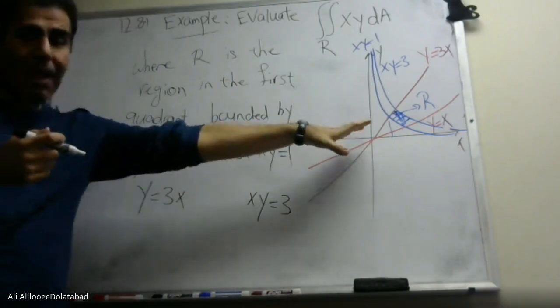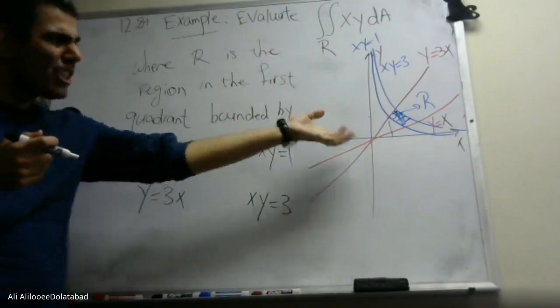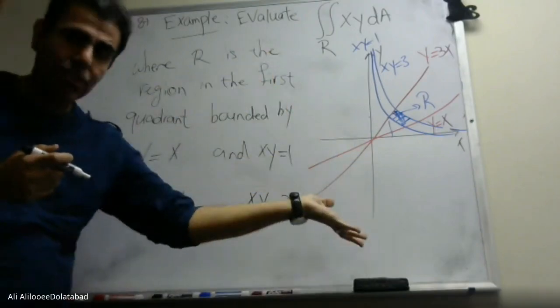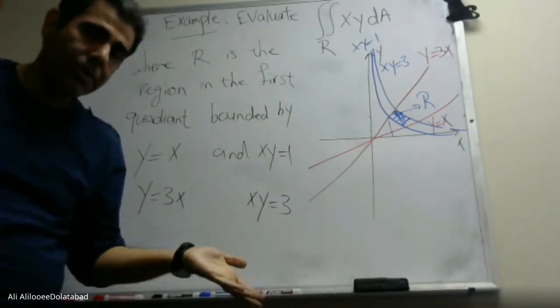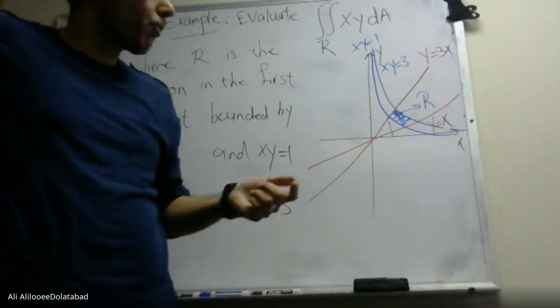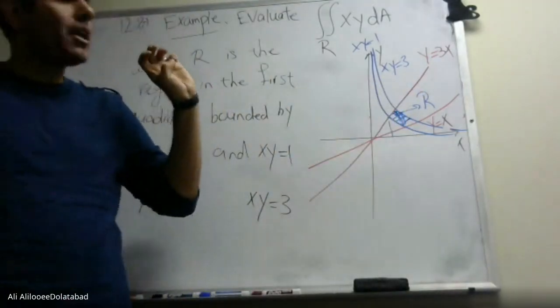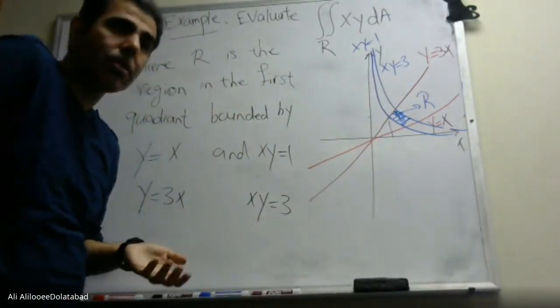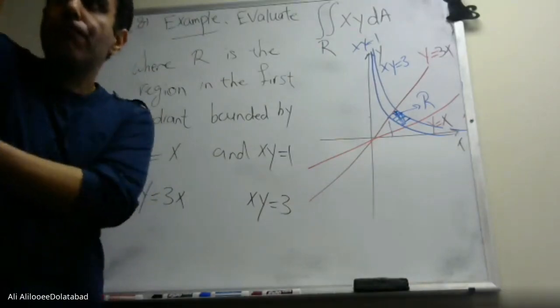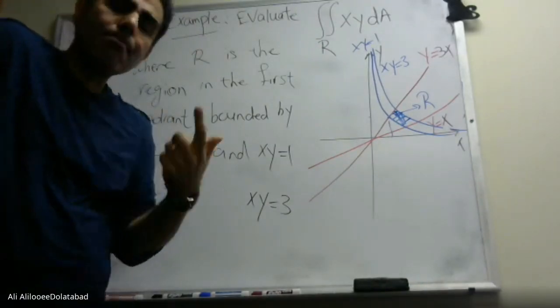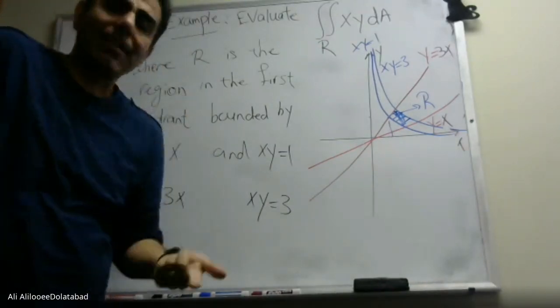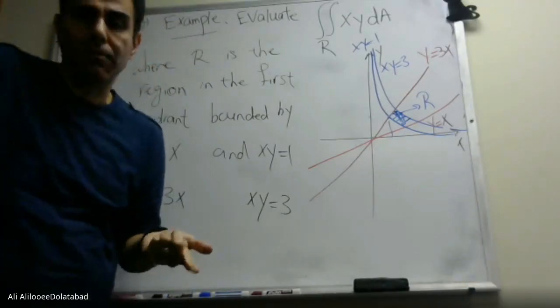But here, since this region is a very bad region, bounds are not constant. If we can find a transformation to convert this region into a nicer region, it will be very nice. Finding that appropriate transformation sometimes is not easy.